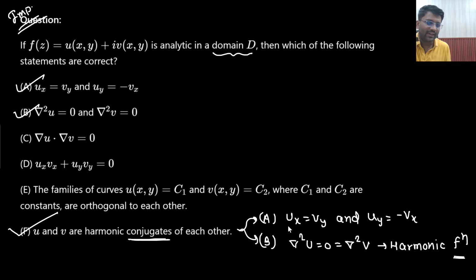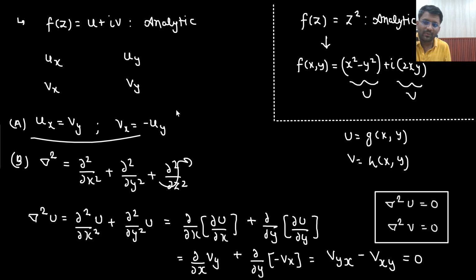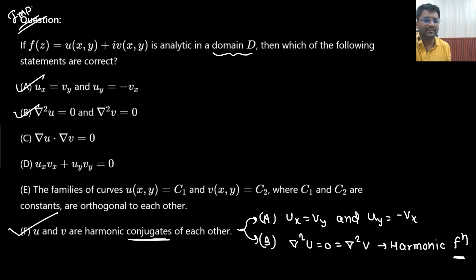Let me know one thing, if they are following this property, then it is sure they will be harmonic functions as well. If u and v are following this particular property, then using this property only we have got to know that they are harmonic as well. So here the bottom line is that if only this particular thing is given, del square u equals del square v equals 0, then you cannot say your function will be analytic. You have to check this condition.